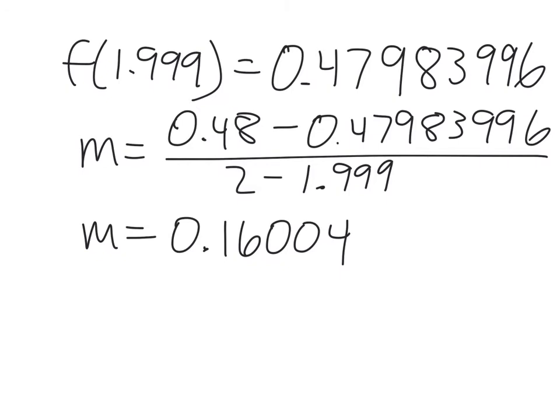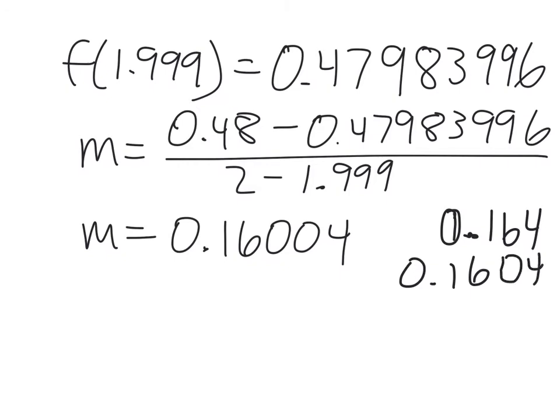So when x was 1.9, we had a slope of 0.164. At 1.99, we had a slope of 0.1604, and now with our x at 1.999, we get 0.16004.